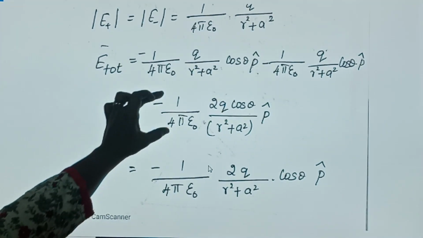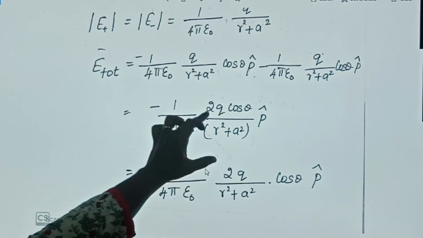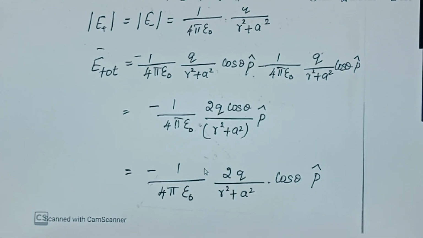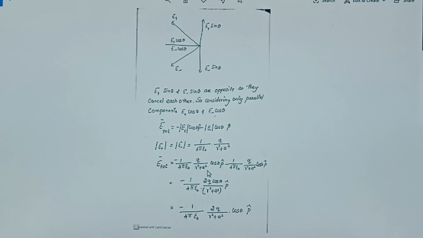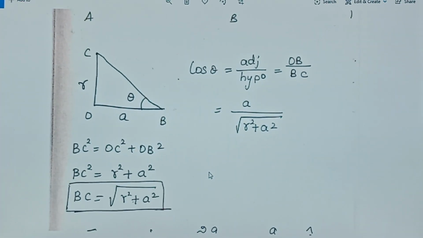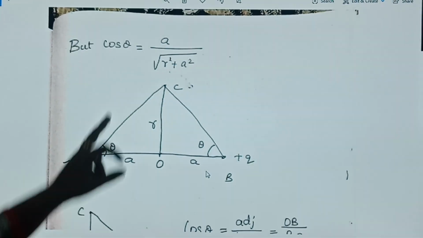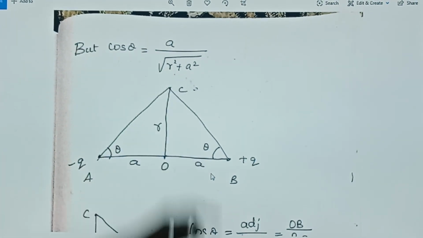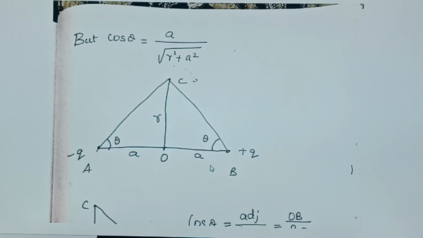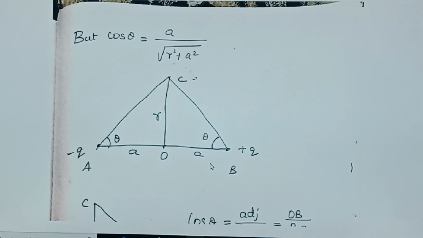The next is writing this separately, 2Q by R square plus A square, and cos theta I am writing separately. So we are going to write the value of cos theta in the next term. I am going to write cos theta equal to A divided by root of R square plus A square.